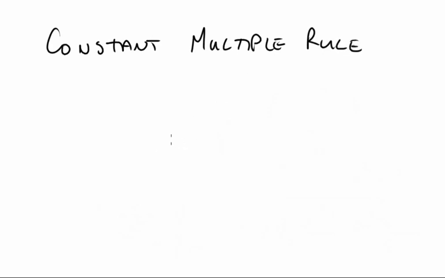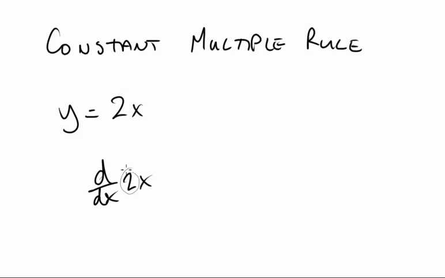Now this is for functions like y equals 2x, where we have a function of x multiplied by some number. Basically what you're going to do here is this 2 can kind of come out. So for example, if I was going to take the derivative of 2x, you can move this 2 out to the front.